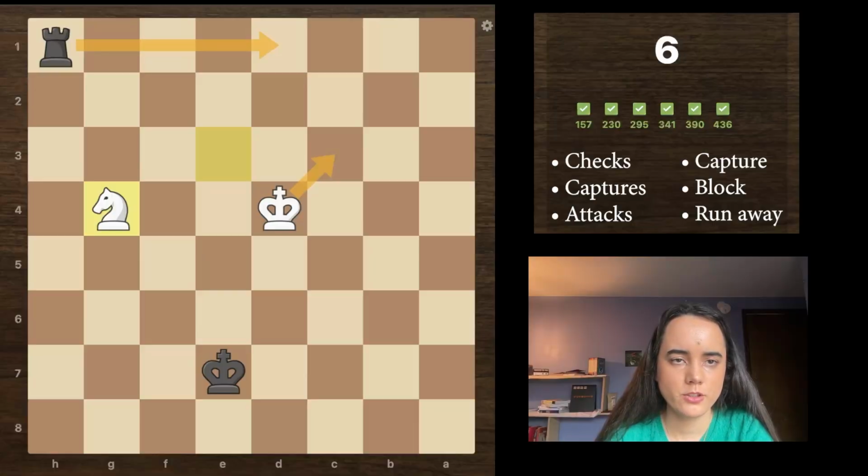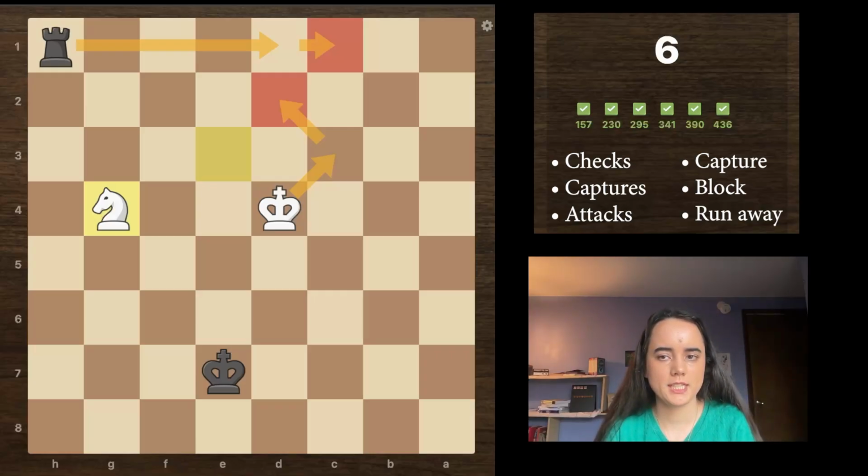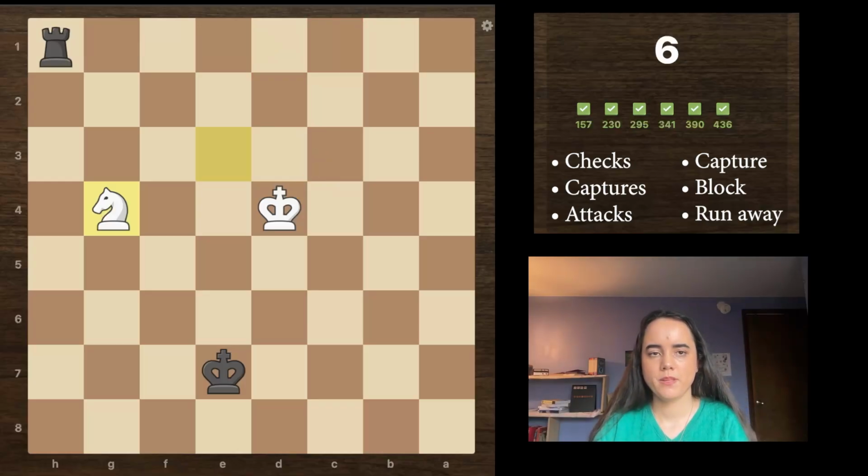We can give another check, and then let's say he goes here. So our rook's here, his king is here, and it looks like we don't have any more checks. So we're going to move on from this. And you might be wondering, how do you know when to move on? How do you know it's the wrong line?